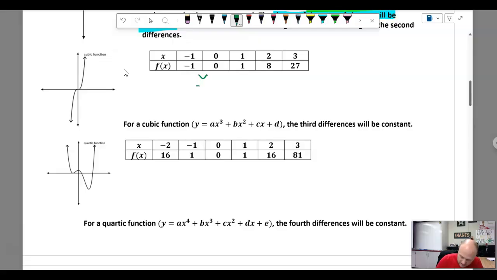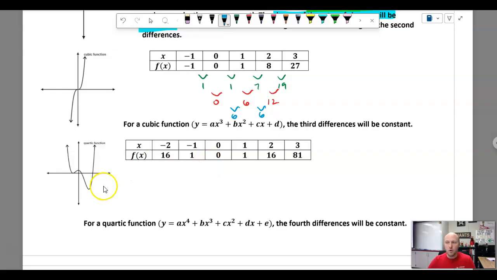Here, I increase by 1, by 7, and then by 19. That's my first difference. Second difference: 0, 6, and then here we get 12. Now maybe you see a linear pattern, and then let's look at the third difference: 6, 6. My third difference is constant. So for a cubic function, your third difference is constant.